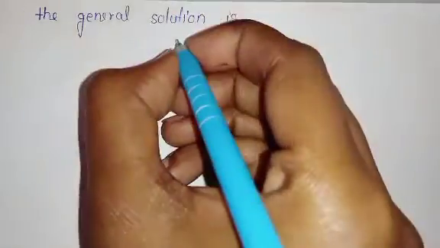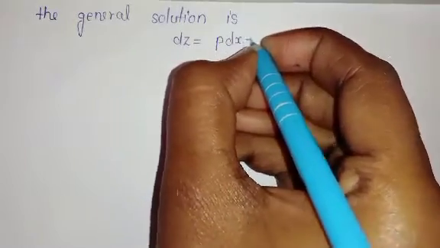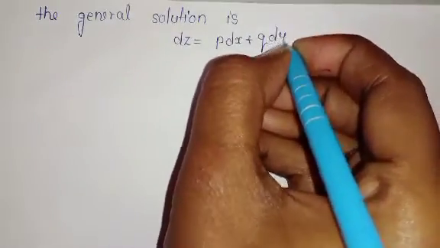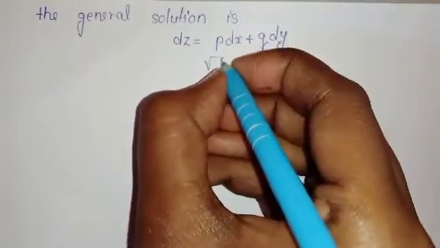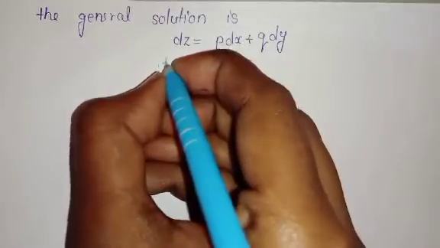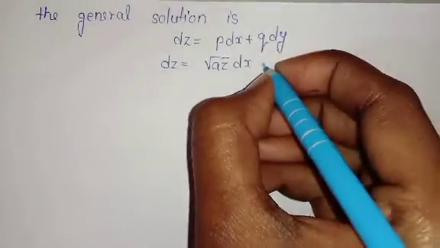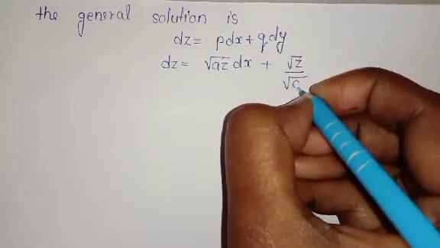So the general solution is dz is equal to p dx plus q dy. p was equal to root az, so root az into dx, and q was equal to root z by root a into dy.